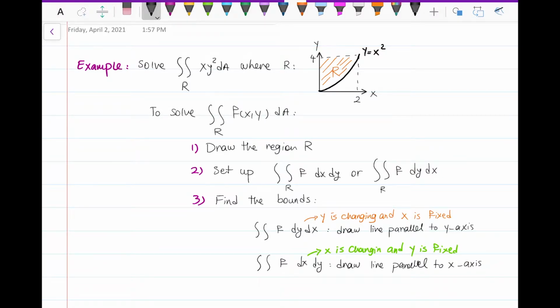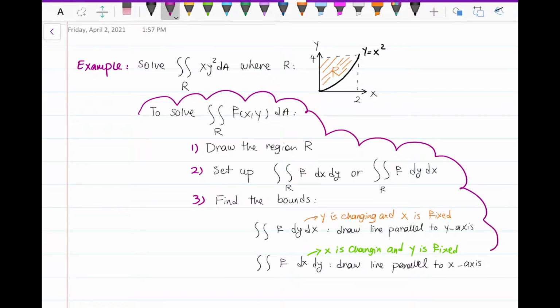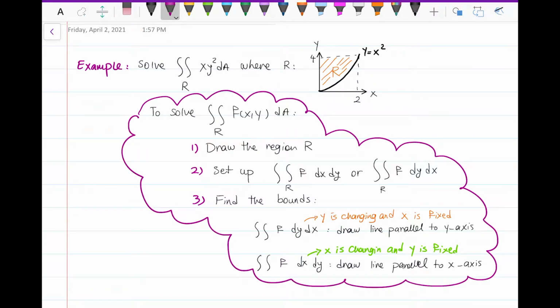Okay, and then you can set up the bounds. So this is the general procedure of how to set up and solve the double integral. But let's apply this procedure to our example.